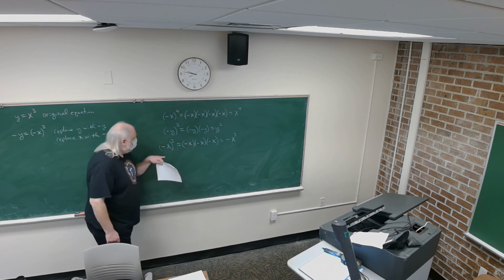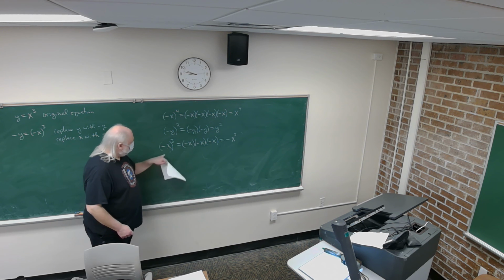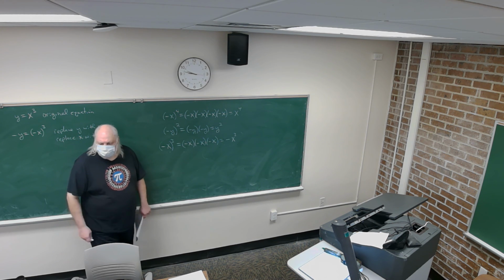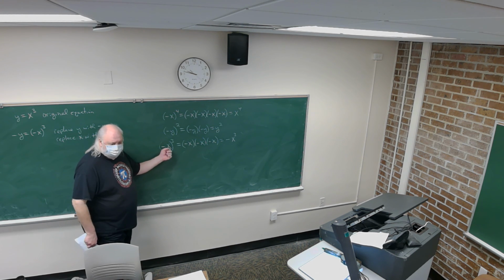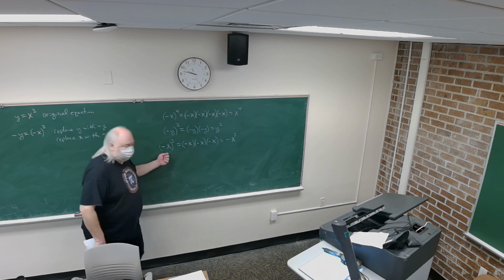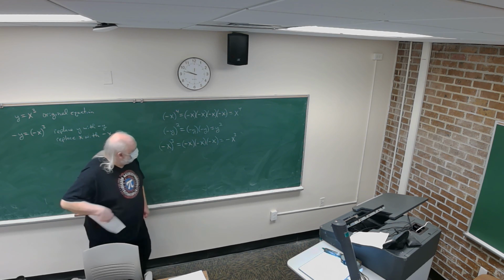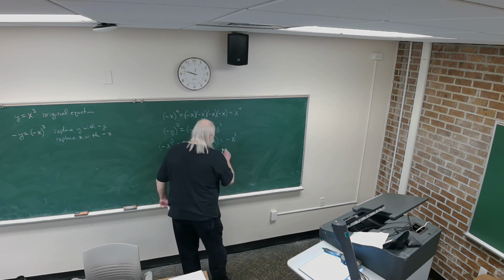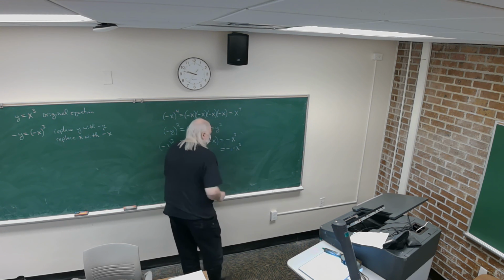They're equal, but you should not view them as the same thing. Students have to take a negative number and cube it in their calculator, and often they forget to put it in parentheses. You've got to put it in parentheses. So this is equal to minus 1 times x cubed.